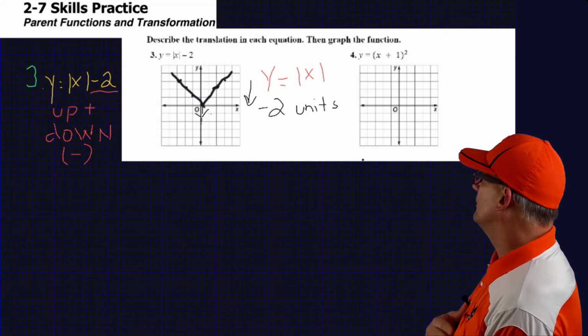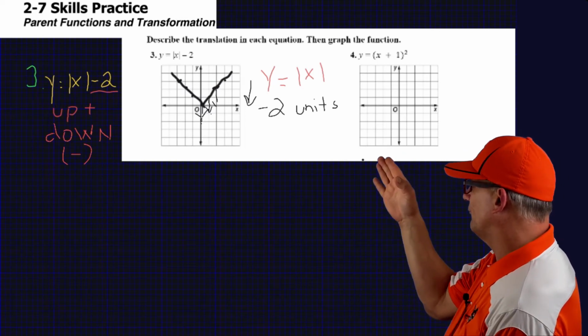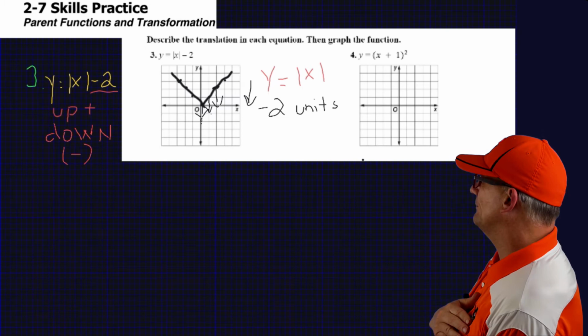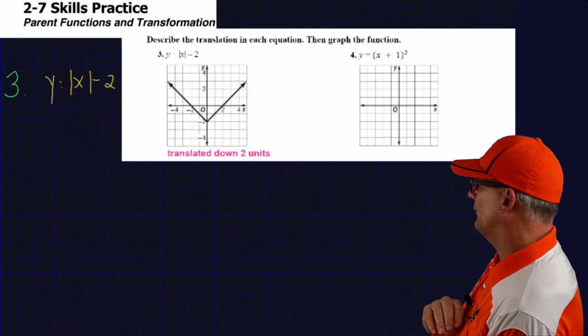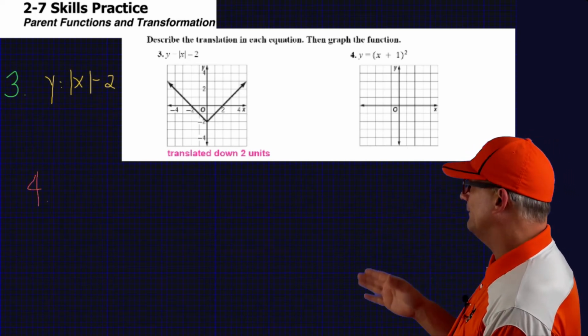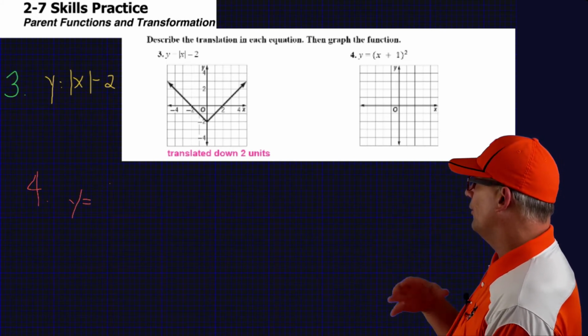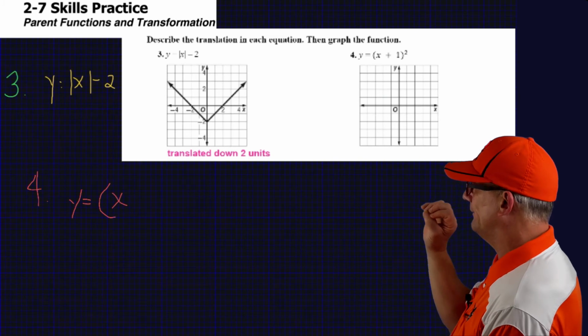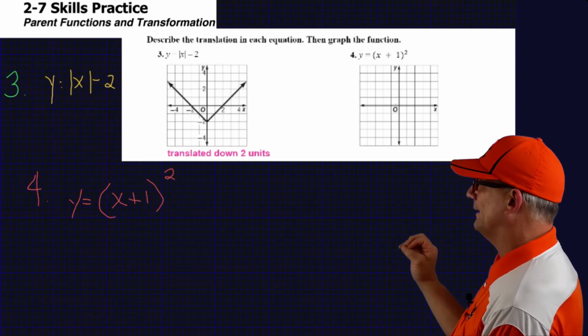Okay, so let's talk about the graph of number 4. Okay, so you see the square term there outside the parentheses, right? We should know, like I said, in our mathematical journey at this point in time, we should know anytime we see something to the second power or squared that that is a quadratic.